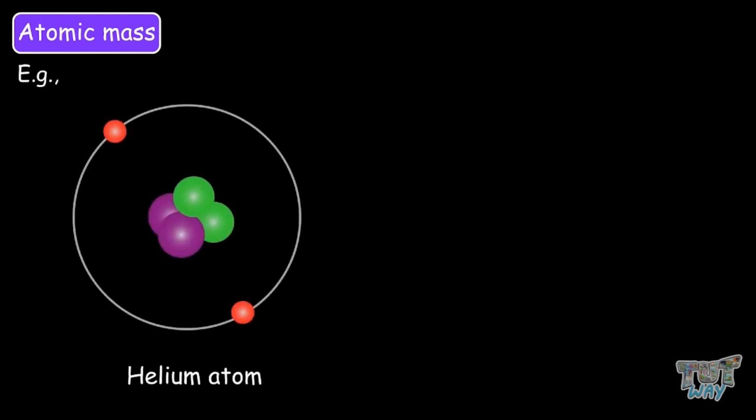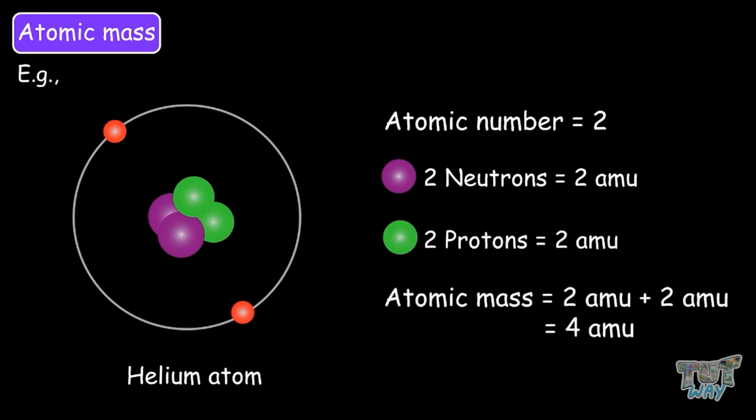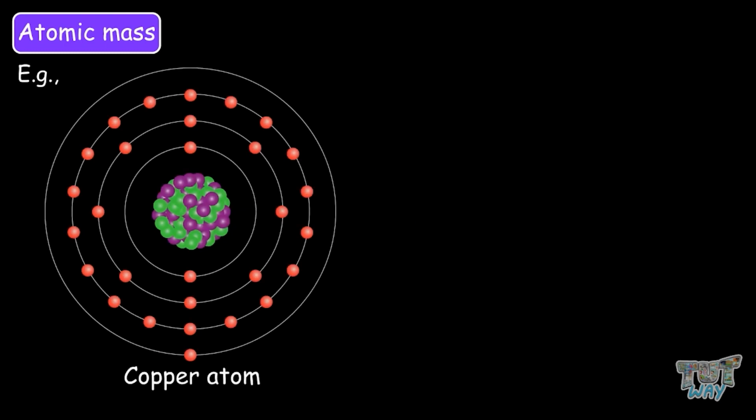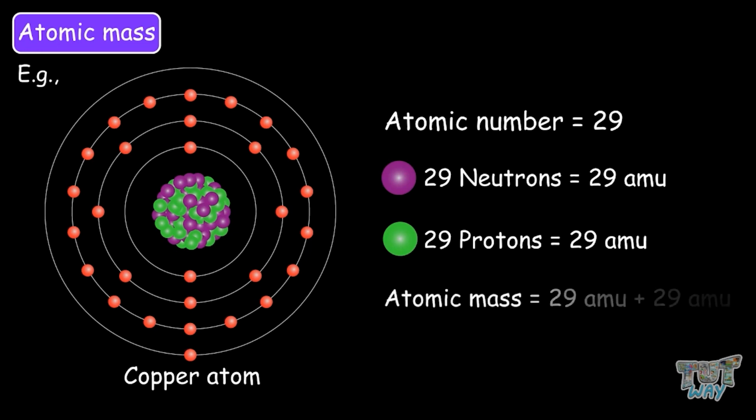For example, in the case of helium, the atomic number is 2, which means it has 2 neutrons and 2 protons, so the atomic mass is 4 AMU. Copper, we learned its atomic number is 29. That is, it has 29 neutrons and 29 protons. So, its atomic weight will be 29 plus 29, which is 58 AMU.